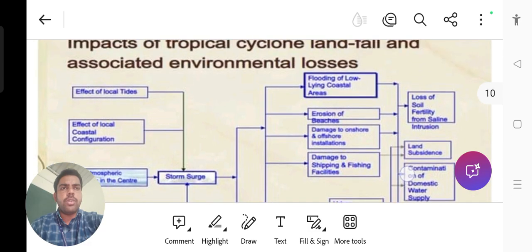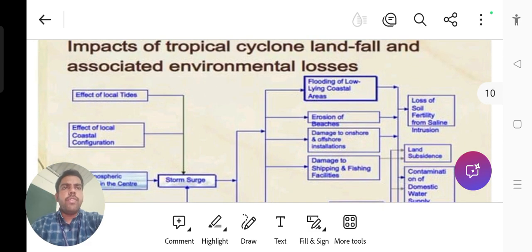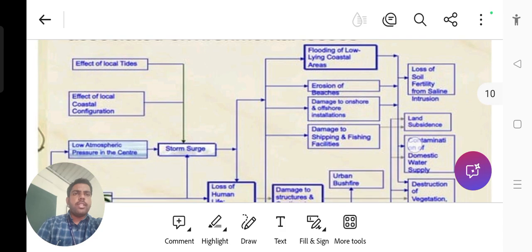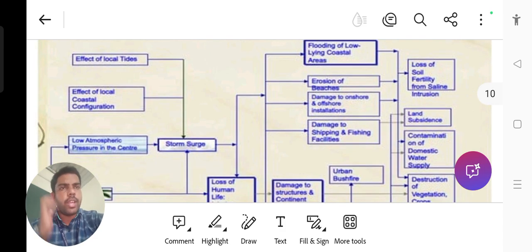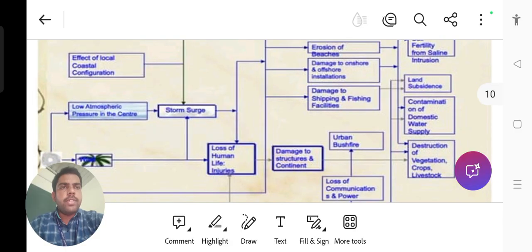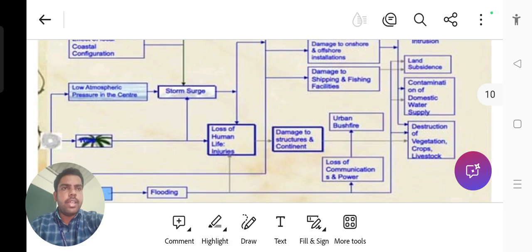And storm surge, and flooding of low-lying coastal areas, yes, loss of food, flooding, and erosion of beaches. Beaches should be eroded. The topsoil totally eroded on that particular location. And damage of onshore and shipping and fishing facilities, and urban bush fire, and loss of human lives and injuries.